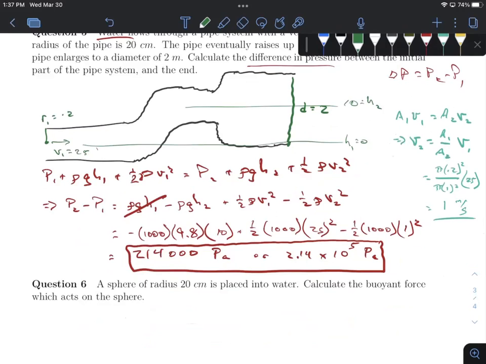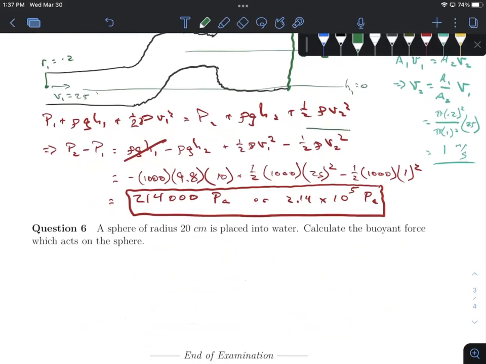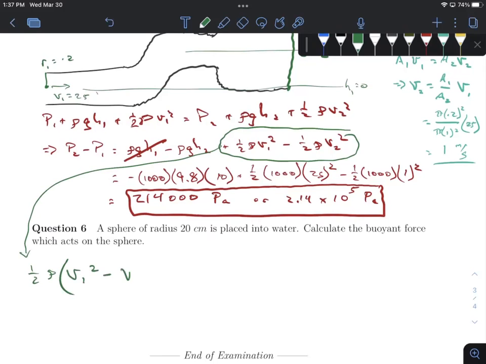But if it were me in my own little notebook doing this, I would do exactly what you said, which is notice right here, this part. What I could do is say, hey, this is the same as 1/2 times rho times V1 squared minus V2 squared. So instead of two different terms, it's one term with this little binomial in there. And so that's 1/2 times 1,000 times 25 squared minus 1 squared.